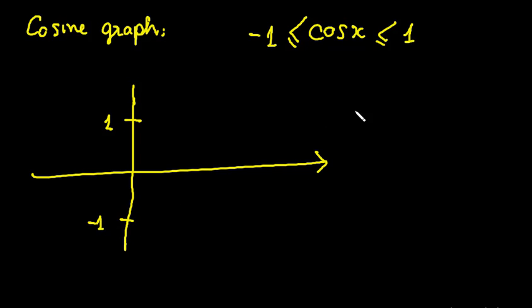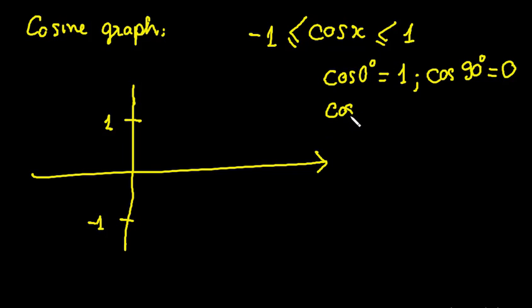And now I would find some points in order to illustrate the graph of cosine. I have cos of 0 degrees equal to 1, and cos of 90 degrees equal to 0. The numbers you can use the calculator to find.